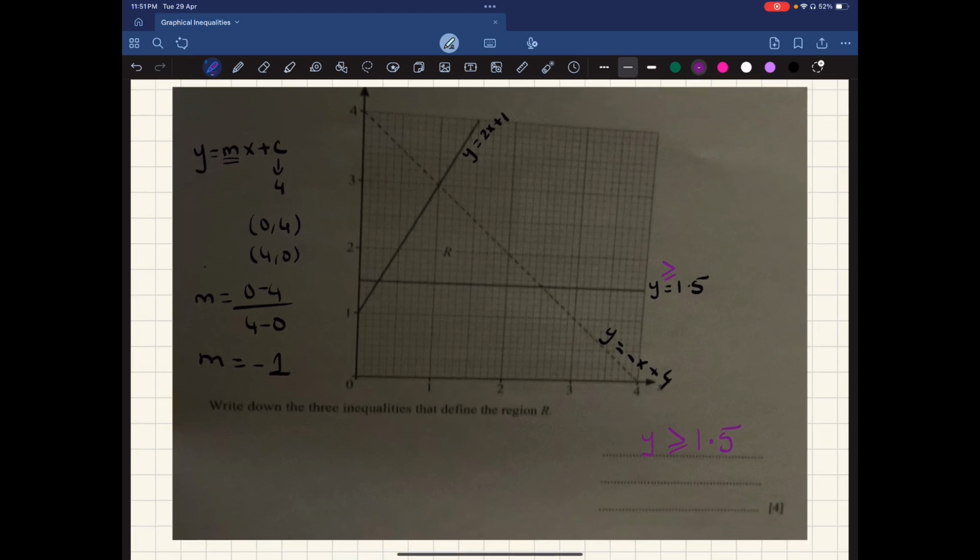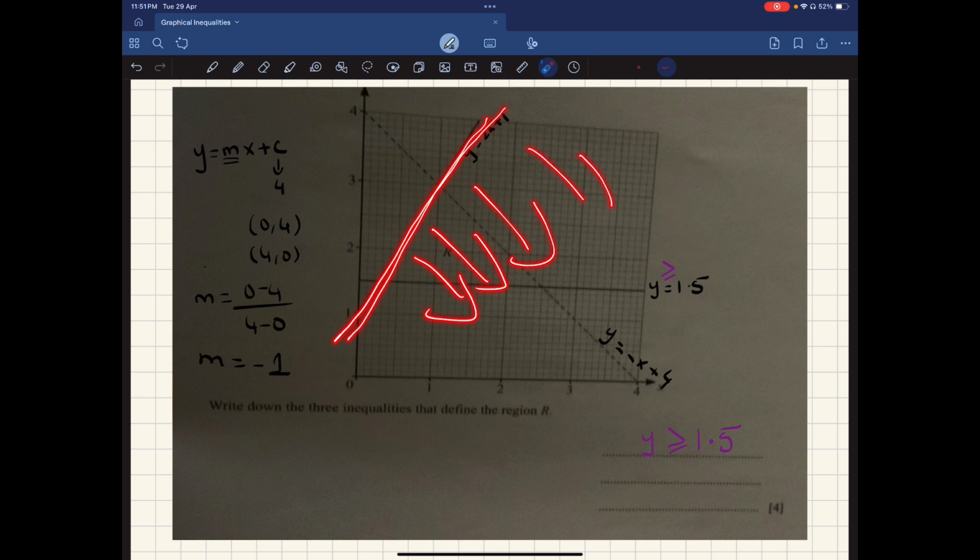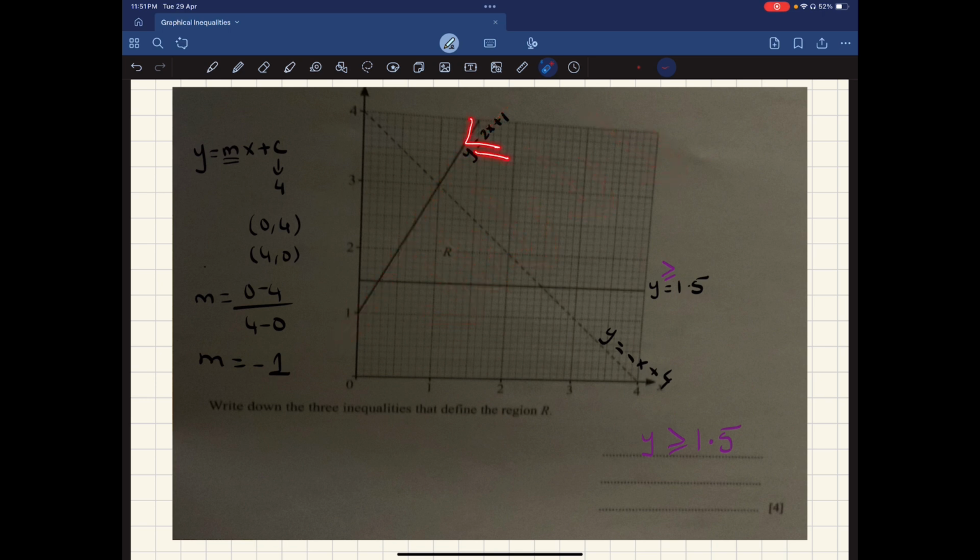Okay, now let's have a look at this line. So this is the line and the region is below the line, right? The required region is below the line, so it's going to be less than. Since the required region is below the line, the inequality sign is going to be less than. So y is less than or equal to 2x plus 1.